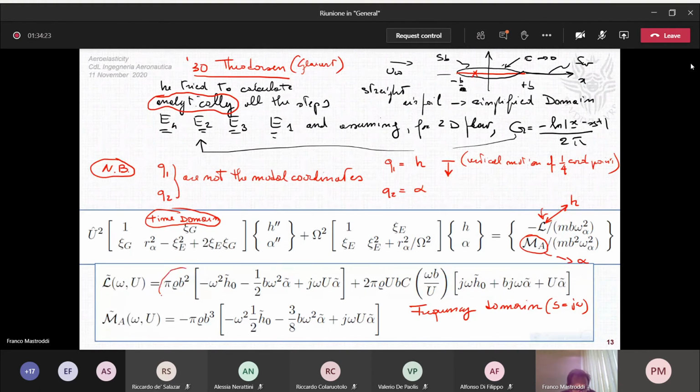The first part depends on the frequency up to a power of 2, here and here, and then a power 1 here. So in this first part, we have something equivalent to an aerodynamic inertia or aerodynamic mass effect, but we have also an aerodynamic damping like this, because we have j omega.